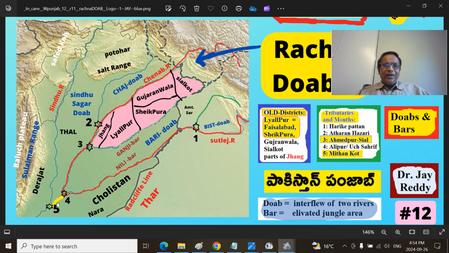That is the Panjnad that joins the Sindhu River at Mithankot here, number 5. The Chenab itself gathers the waters of the Jhelum at Trimmu, or Jhang, or Athara Hazari, these towns, and moves further, gathering the waters of the Ravi at Ahmadpur Sial near Shorkot. So these are the important landmarks I have put for you so that you will get a clarity.